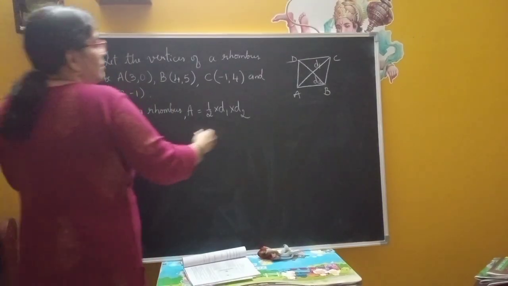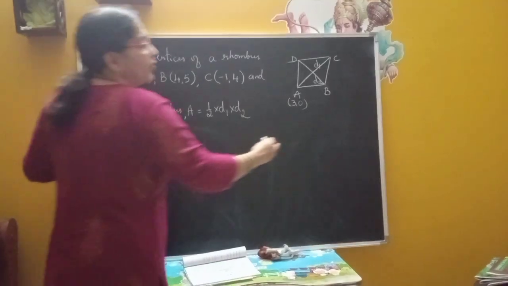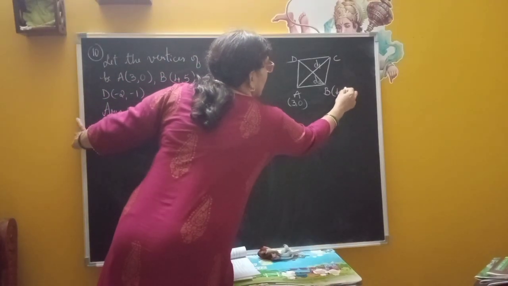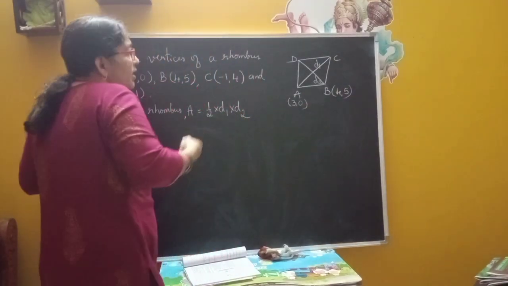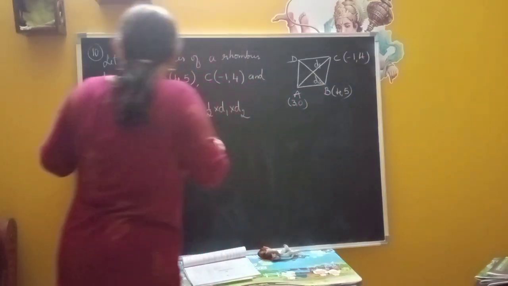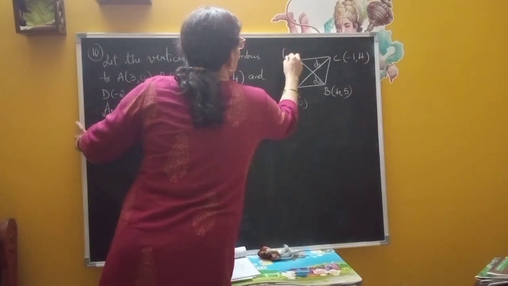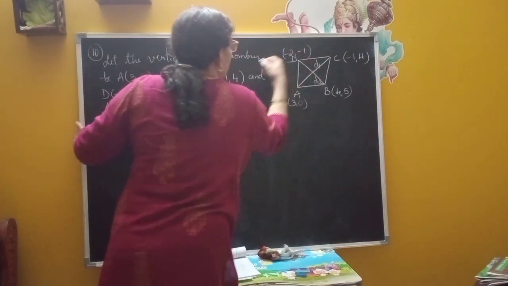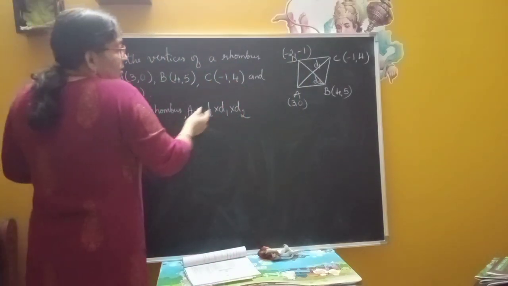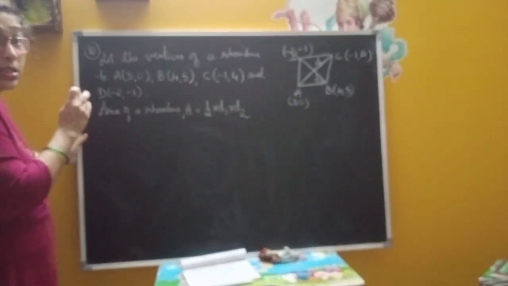Okay, so let us write the vertices. A (3, 0), B (4, 5), C (-1, 4) and the last vertex, that is D, is (-2, -1). So let us consider the vertices A and C and find d1 using the distance formula.